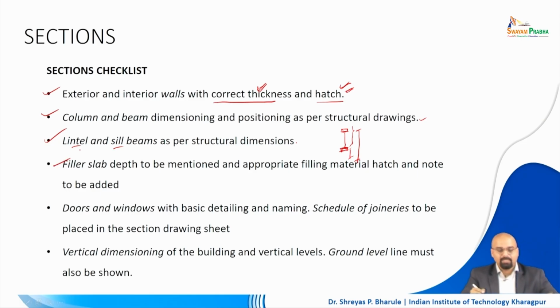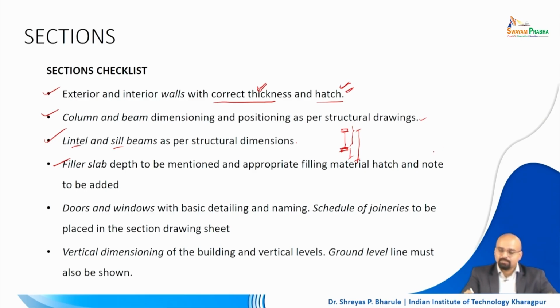Next, if there is a filler slab, right, the filling material should be mentioned and a note on the filling material is to be added. For example, if there is a filler slab on the ceiling, say terracotta pots are being used as the filler, right. In that case a note is to be mentioned that yes, these are terracotta pots.